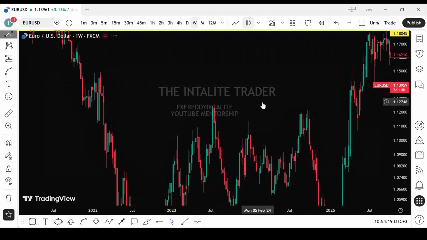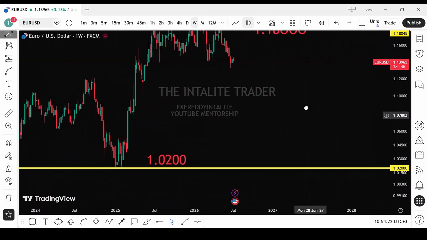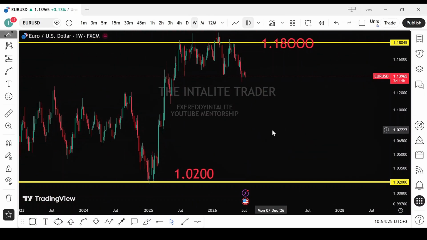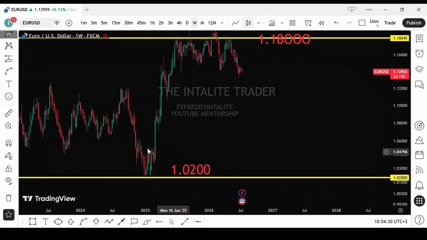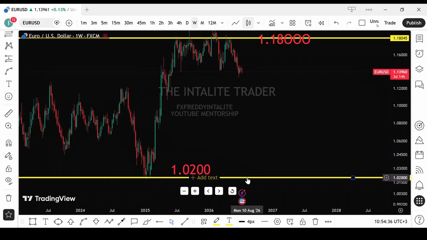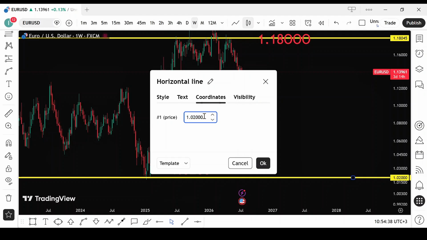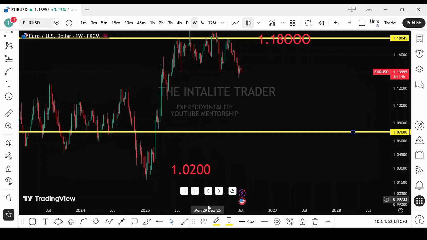Let's say price moved from this level, then you count 500 pips from here. So 500 pips, we'll say 0.25, so it will be 0.700. Then you put OK. So that means from there to here will be 500 pips.